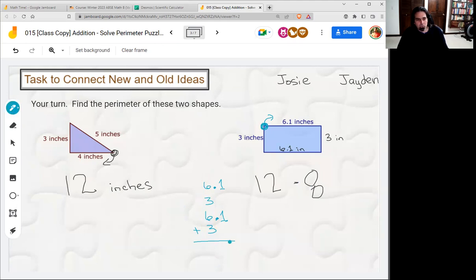So 1 and 1 is 2, 6 and 3 is 9, another 6 and 3 is another 9, 9 and 9 is 18. There we go, so 18.2. What happened here, I am guessing, is that you treated these as 0.3 instead of 3, because that would make 12.8 total. But that is.